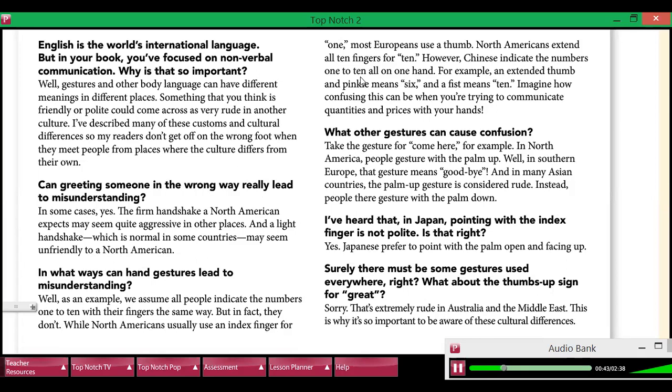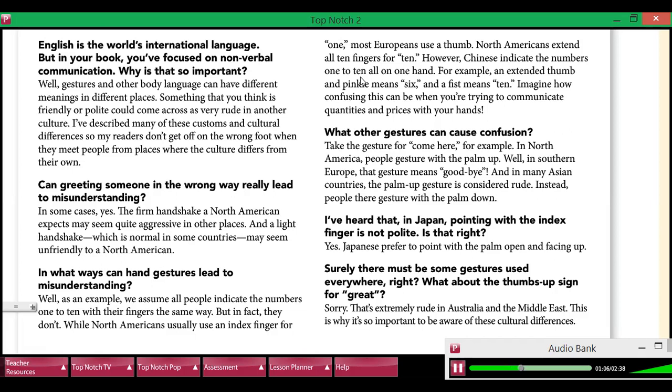Can greeting someone in the wrong way really lead to misunderstanding? In some cases, yes. The firm handshake a North American expects may seem quite aggressive in other places. And a light handshake, which is normal in some countries, may seem unfriendly to a North American. In what ways can hand gestures lead to misunderstanding?